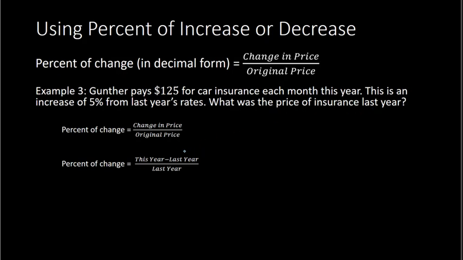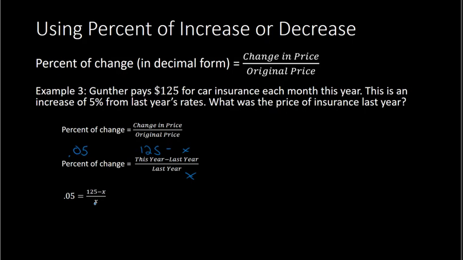So I can replace last year with the letter X. And then I can fill in the other parts. Percent of change was 5%. So 5% would be 0.05. And then $125 is what he pays this year. So what I have is 0.05 equals (125 minus X) divided by X.